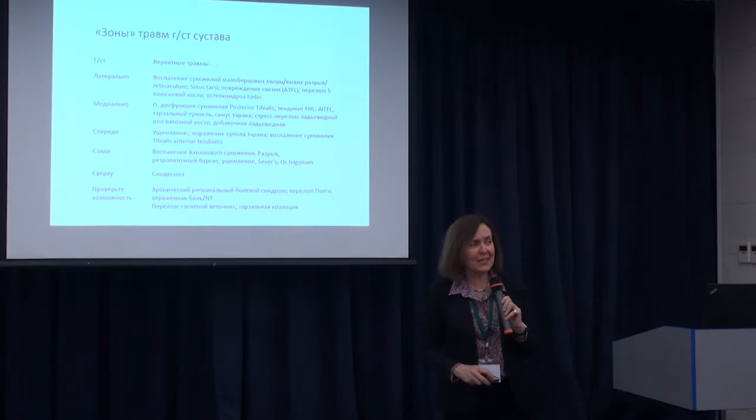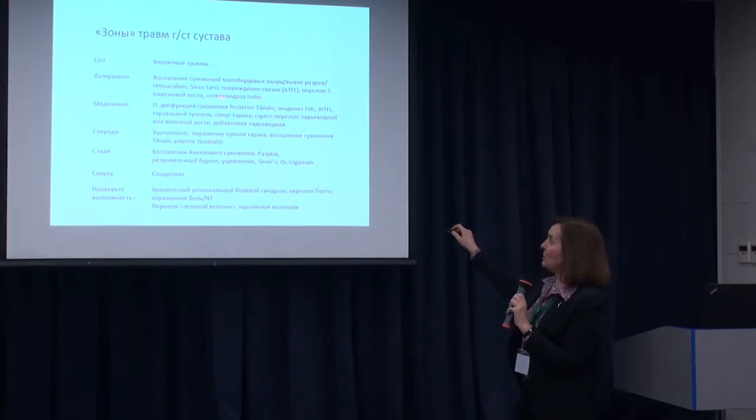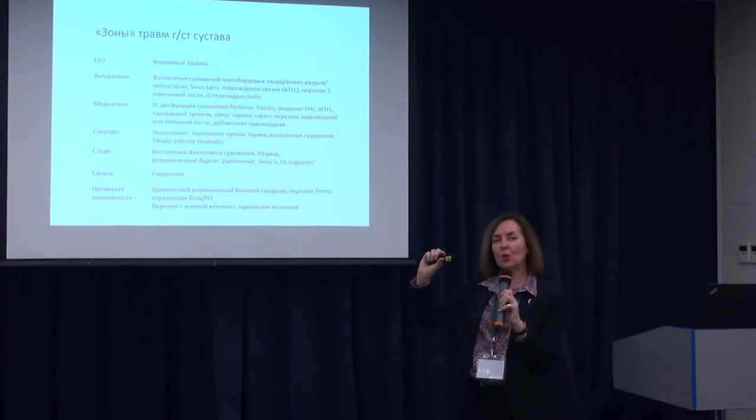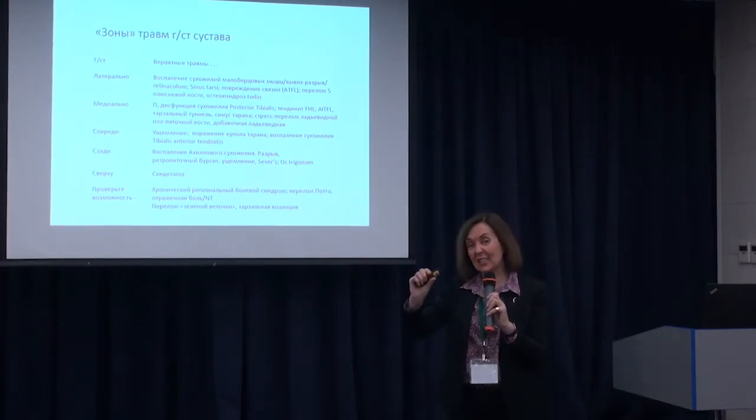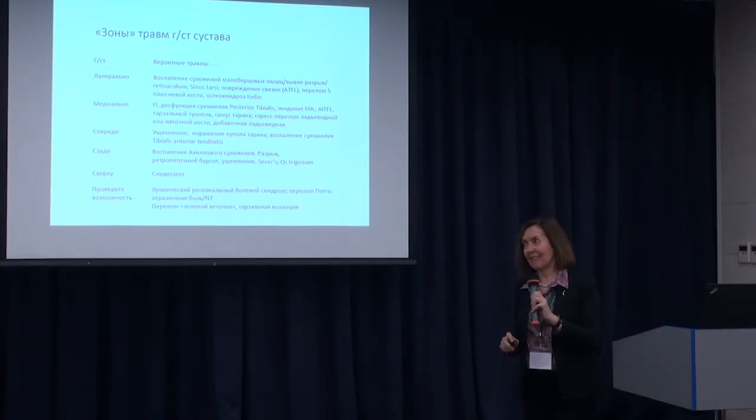Just to complicate things further, in about 1% of cases, there's a normally occurring accessory bone there, which is called the os vesalianum, and it's often confused with a fracture of the base.